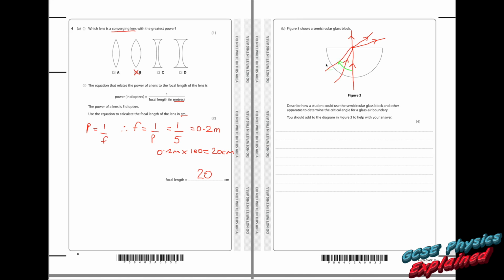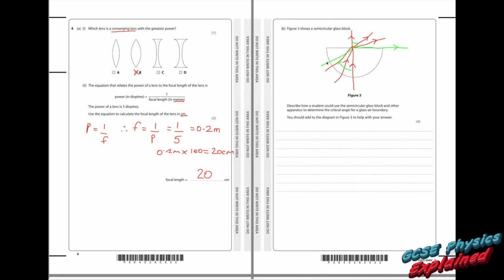Now, there'll come a point where we increase this angle so much that the ray of light will eventually come along the boundary edge. Now that's when we say that the angle of refraction out here is 90 degrees.